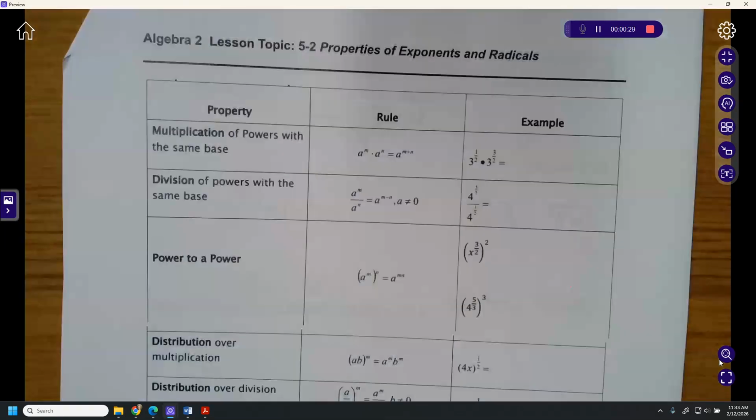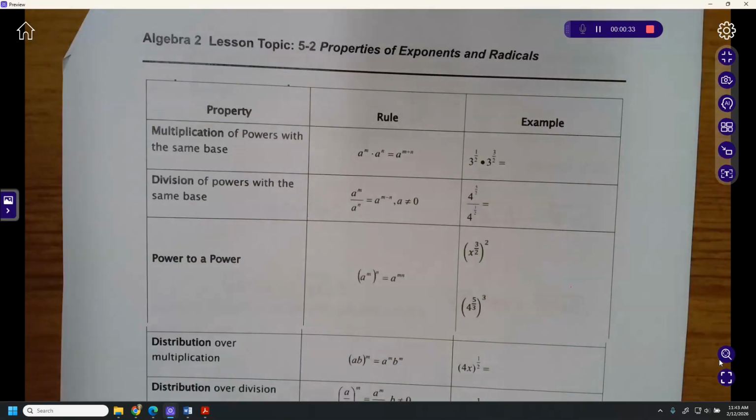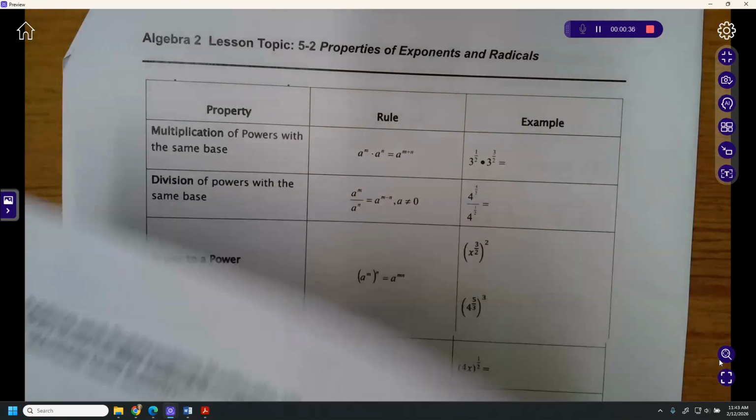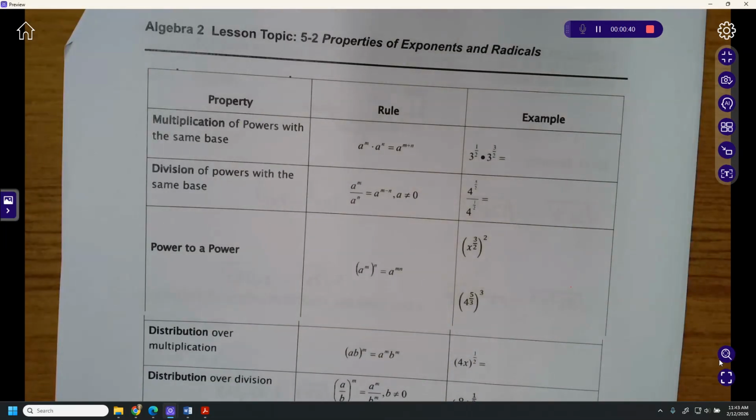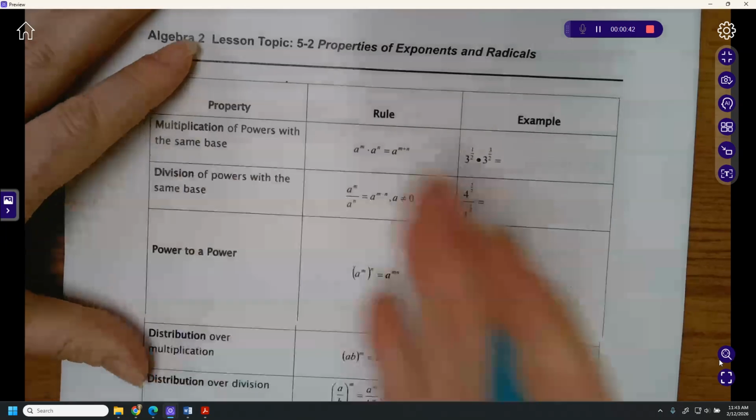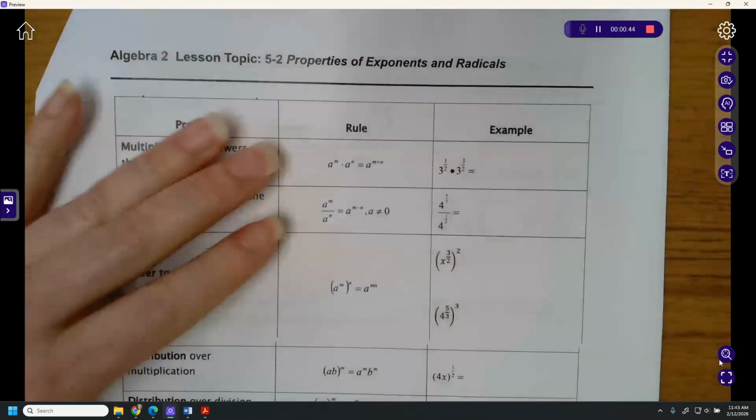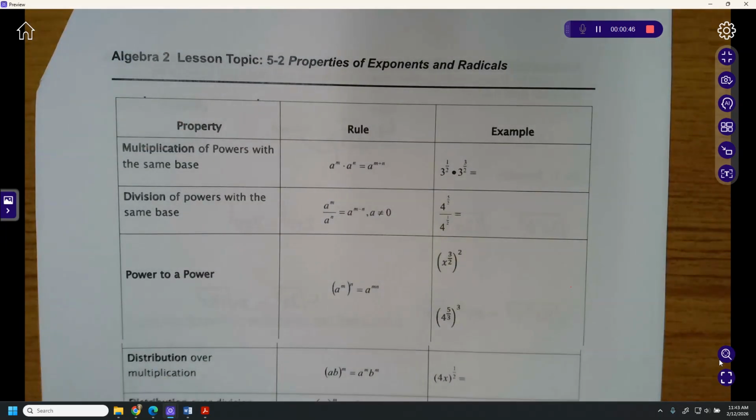And then yesterday we talked a little bit about how you could add and subtract, but these properties today are more along the lines of mostly multiplication, division, power to a power. And so I'm going to go pretty quickly through these.